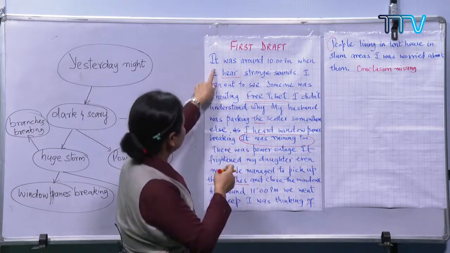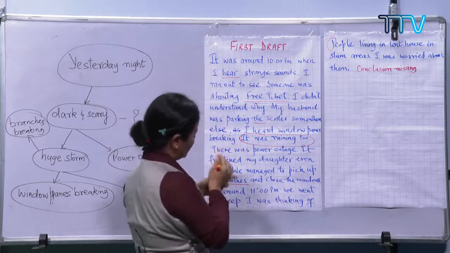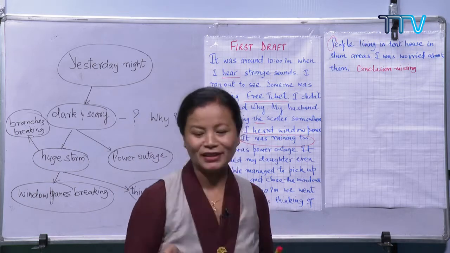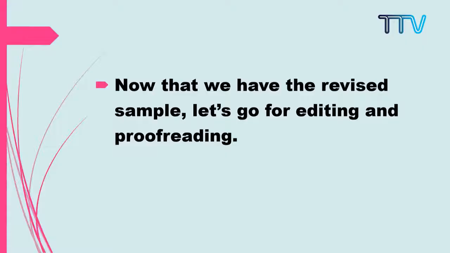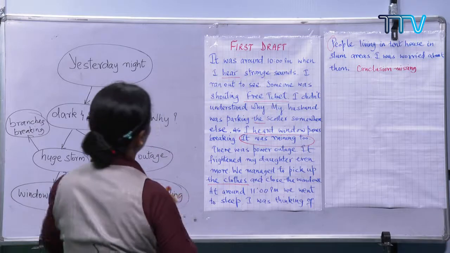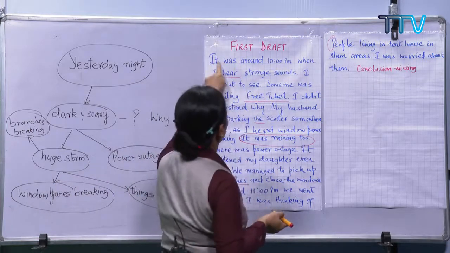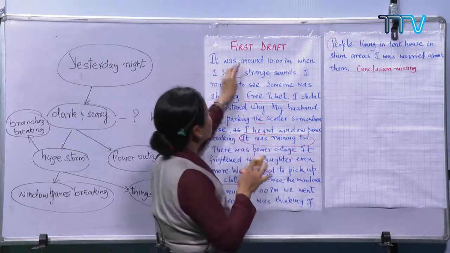Okay. So now that we have the revised sample, let's go for editing and proofreading. We have already revised this, so now we will do the editing part. I'm going to quickly go through it.